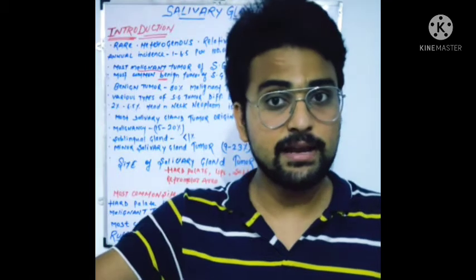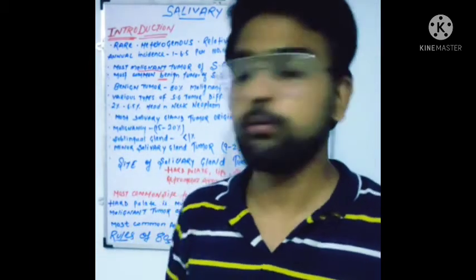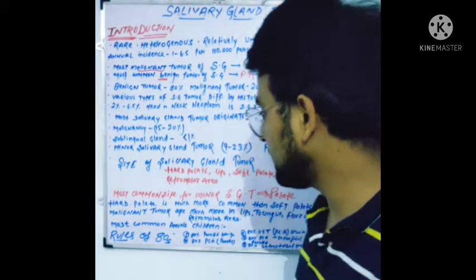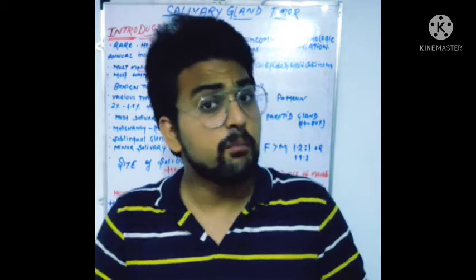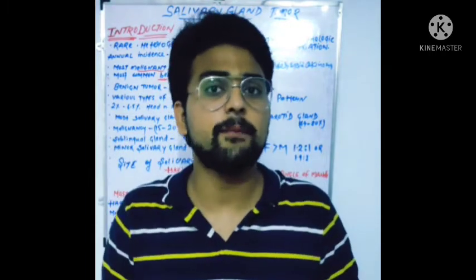That will be the hard palate, the soft palate, the tongue, the floor of mouth, the retromolar area, and the angle of mandible. Can you tell the most common out of it? It is the hard palate. Why is this the hard palate?